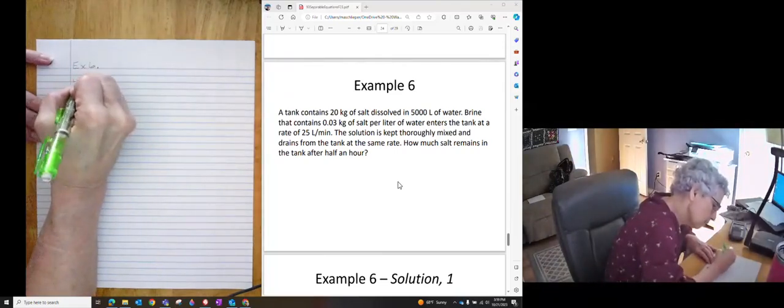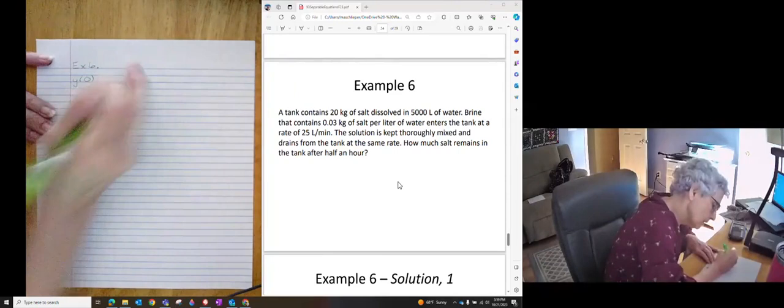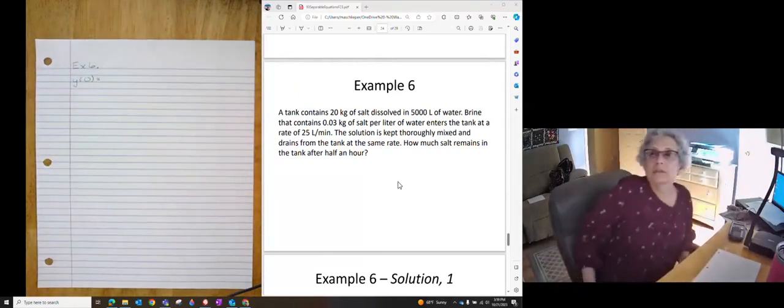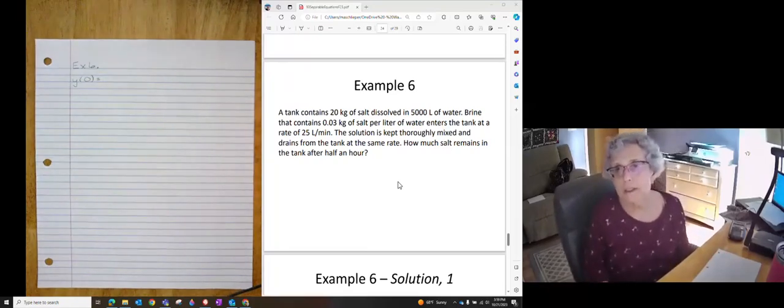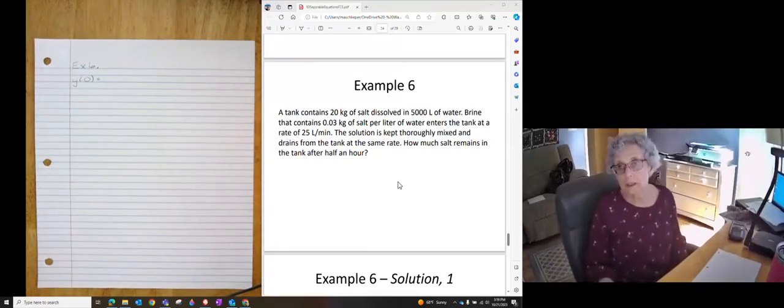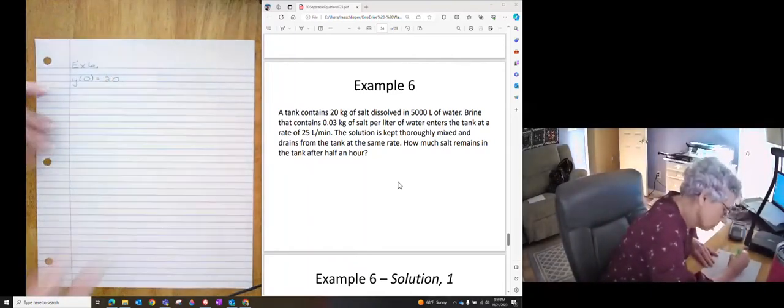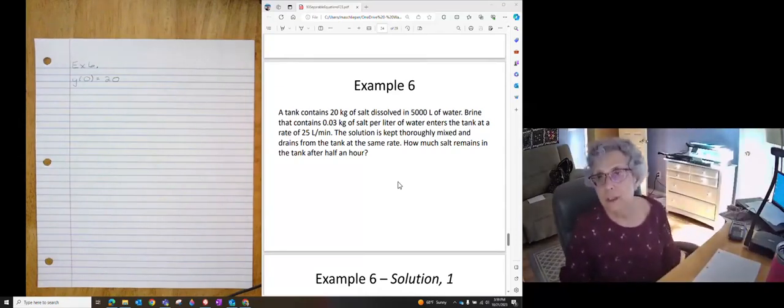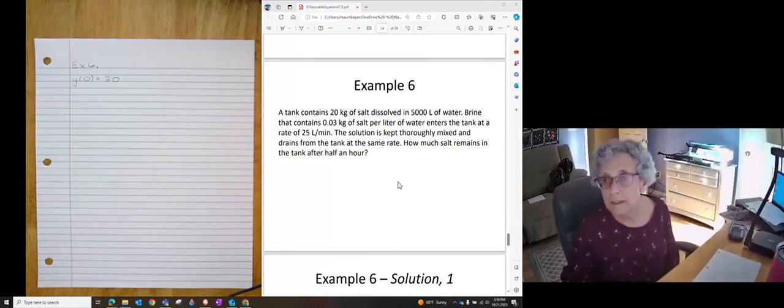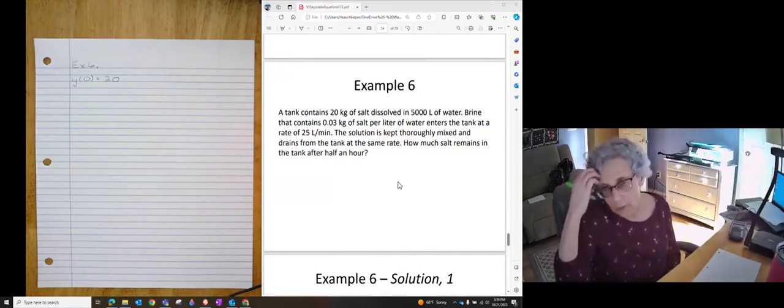Example 6. So y of 0, the amount of salt in the tank at the very beginning, is 20 kilograms. So we've got our initial condition. The tank holds 5,000 liters of water.